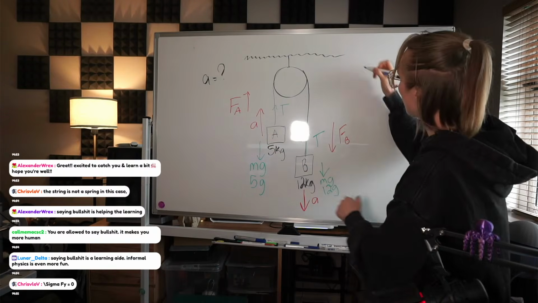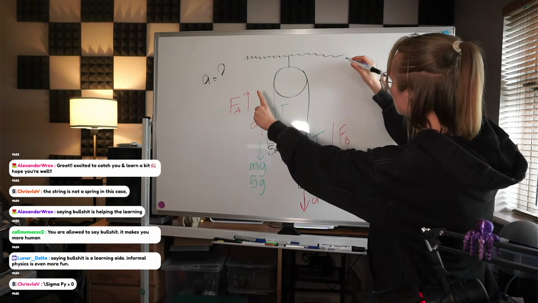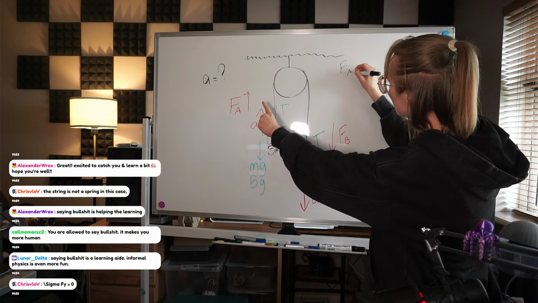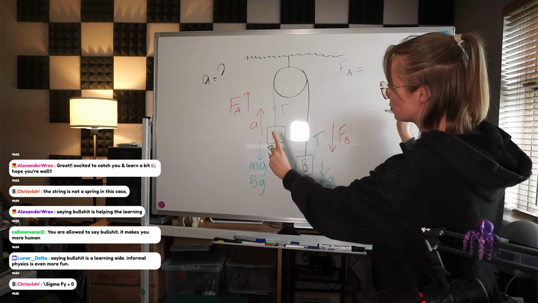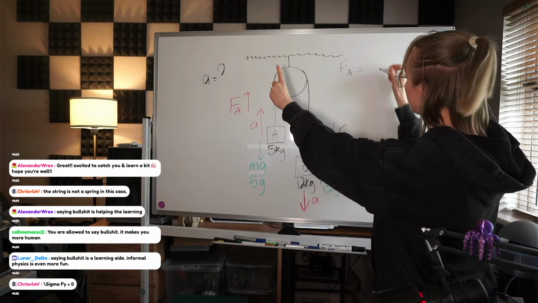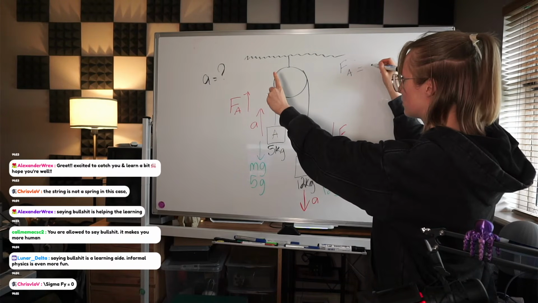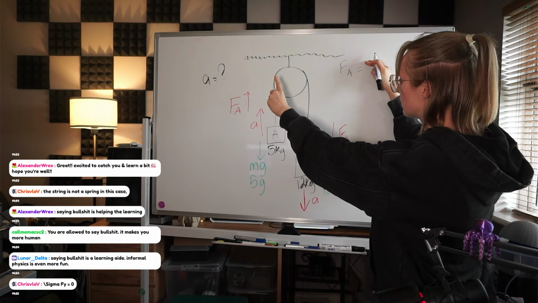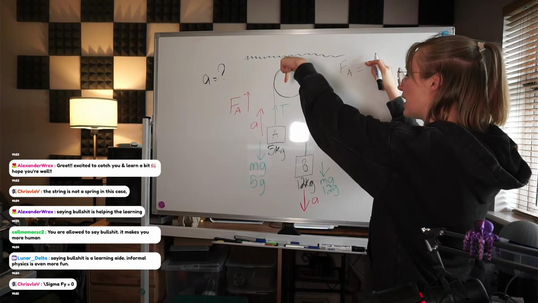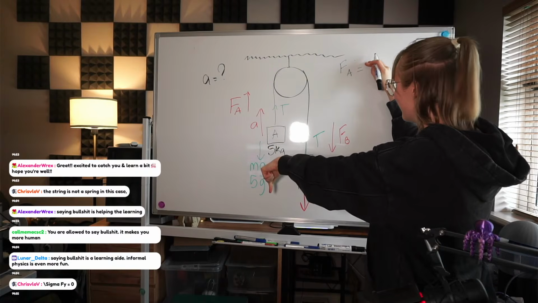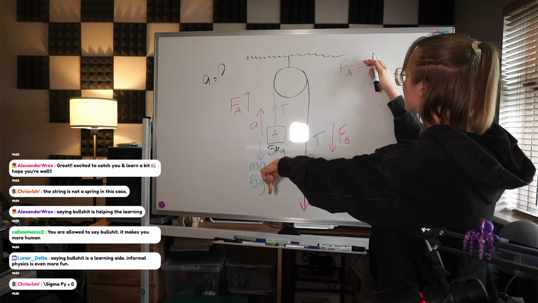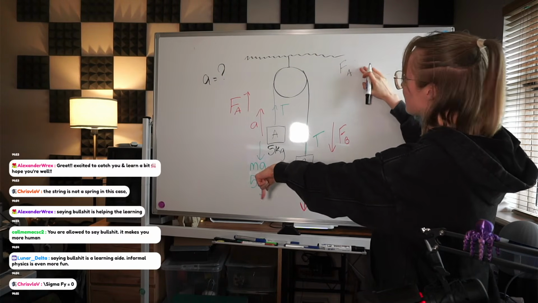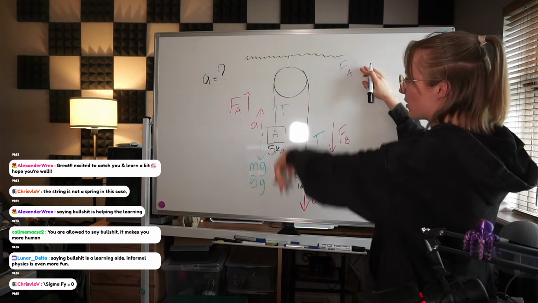Story A. Force A, the net story, is equal to tension. It's in the same direction. I did that wrong. Is equal to the opposite. Would it be easier to do it this way? Yeah. All the forces up equal all the forces down.